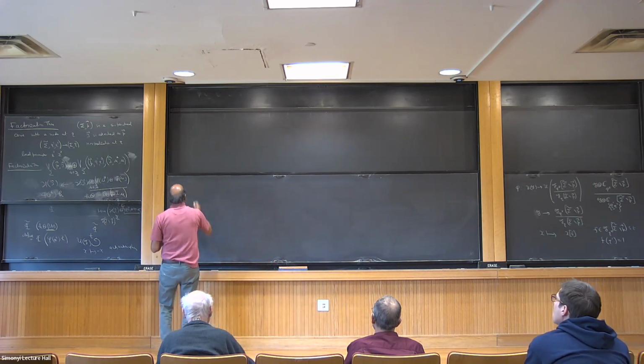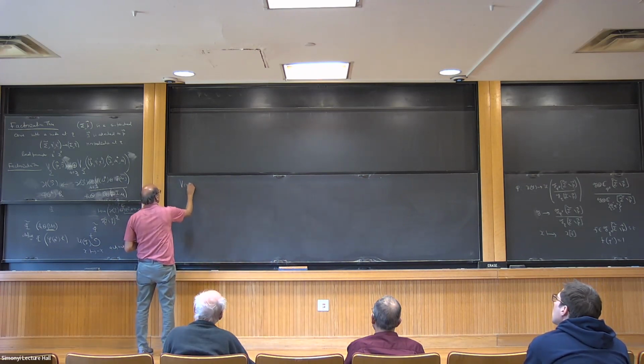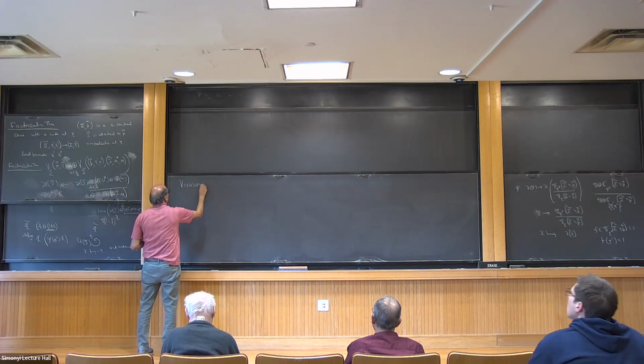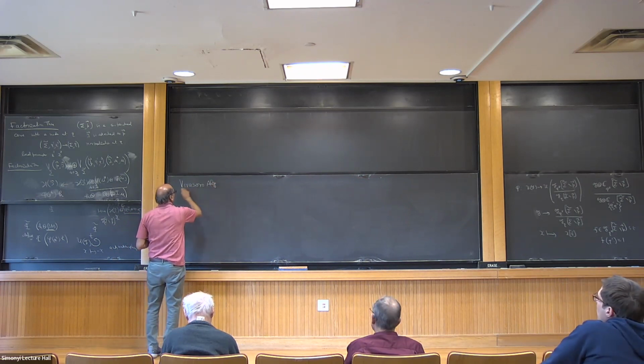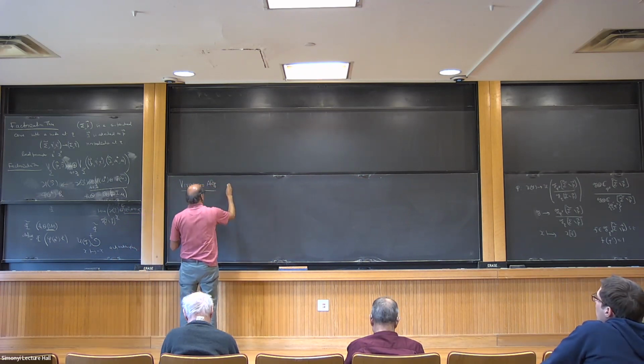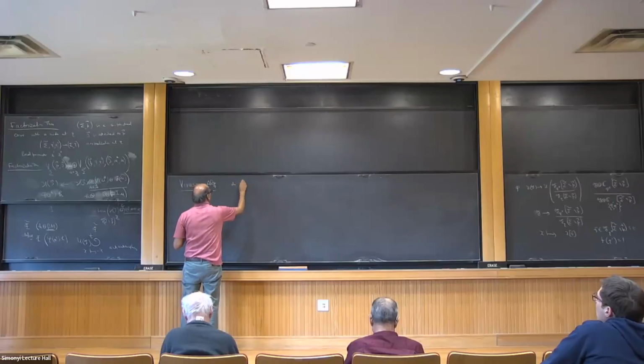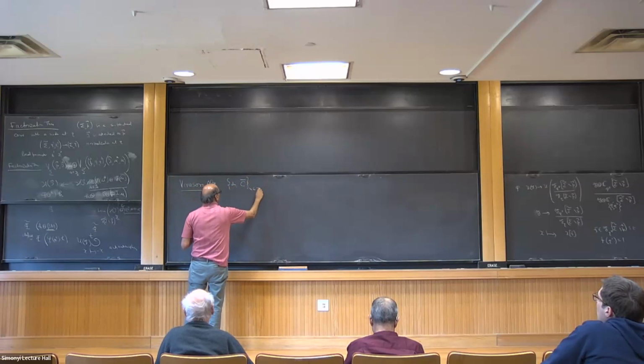So first of all, Virasoro algebra. This has basis d_n and c bar, where n runs over integers.